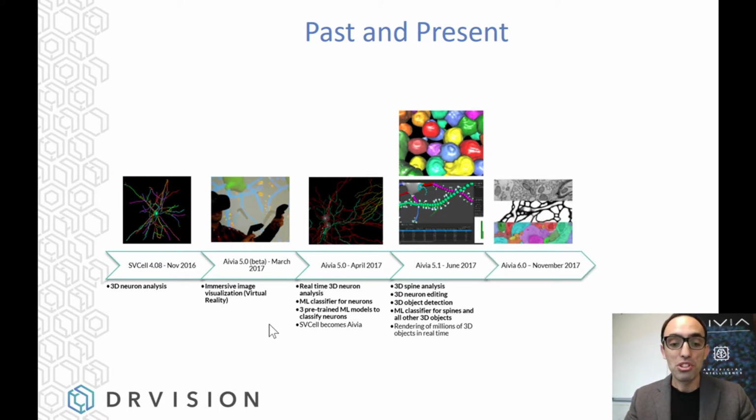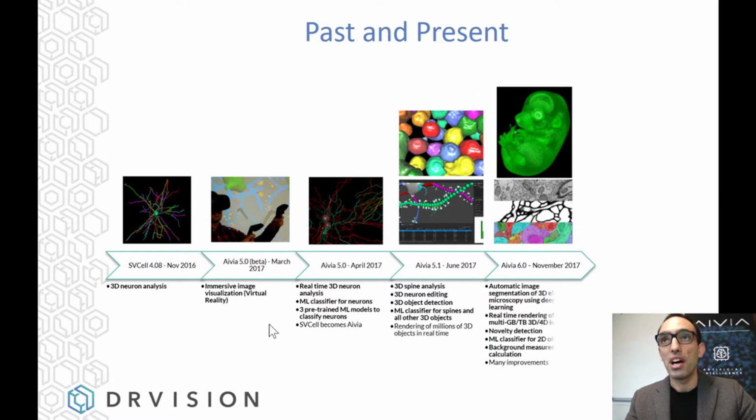Aivia 6 was a huge new version for us because it introduced not only the very first and still the only deep learning powered software for image analysis, which we deployed for the analysis of 3D EM data, detecting neurons essentially using just standard, non-labeled 3D EM data sets, but also a brand new rendering engine for volume rendering, which I'll mention a little bit in a moment as well.